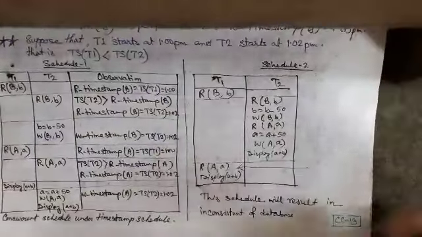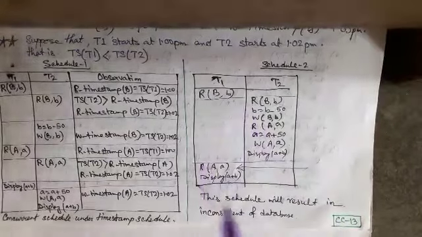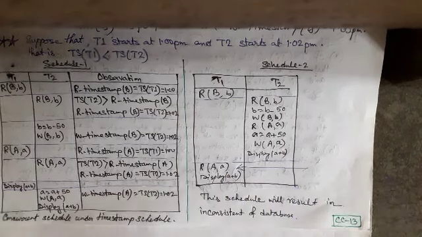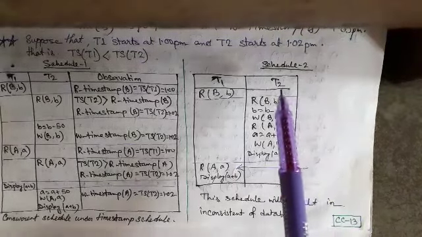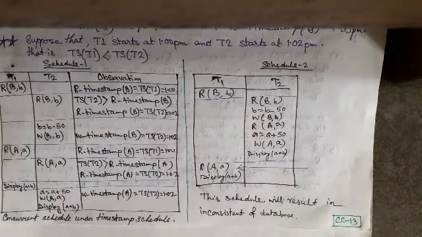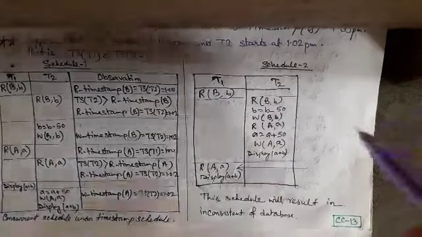But if we consider schedule 2, this schedule is inconsistent and we get two different values of A plus B for T1 and A plus B for T2. This schedule cannot satisfy the timestamp based protocol. Why?